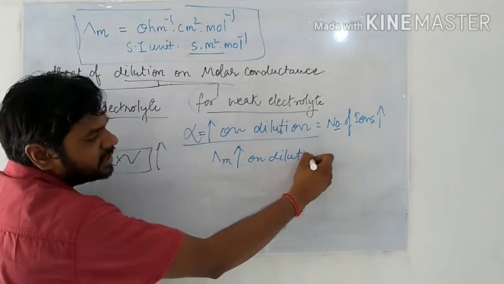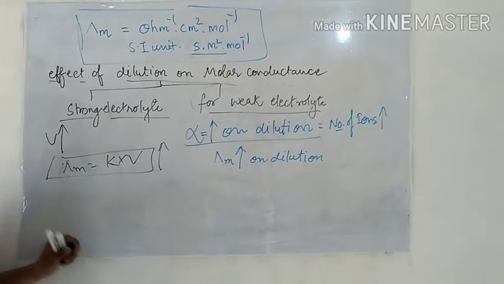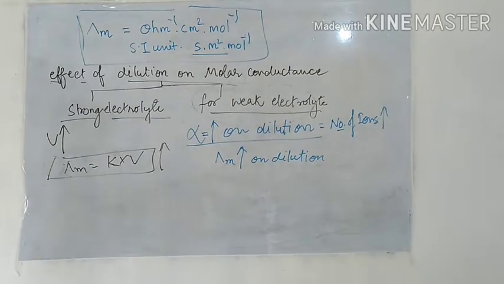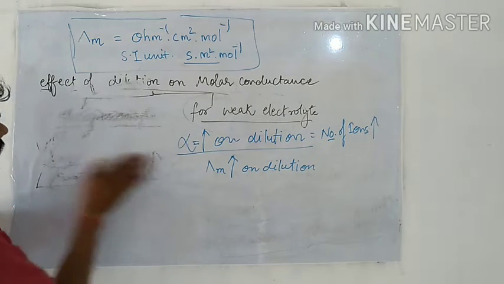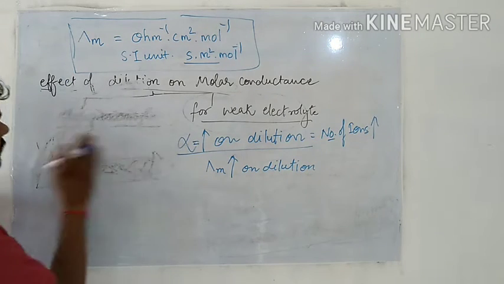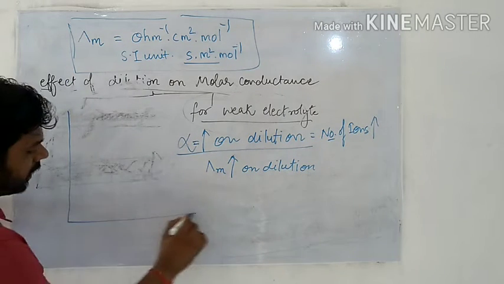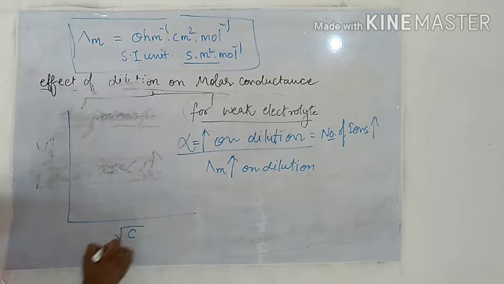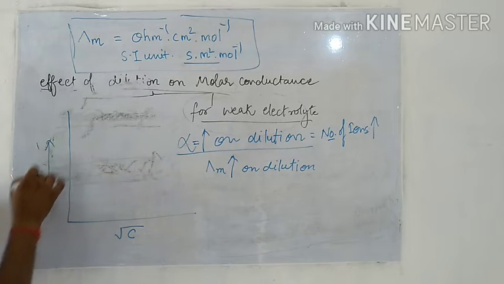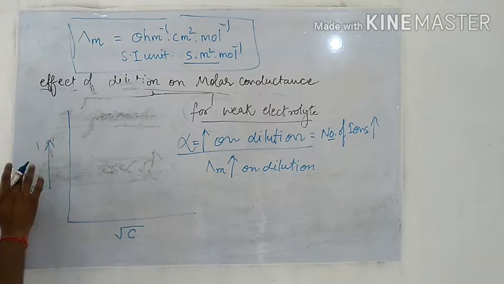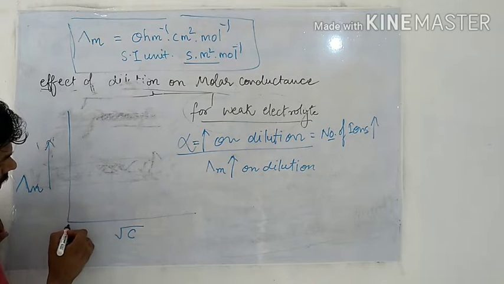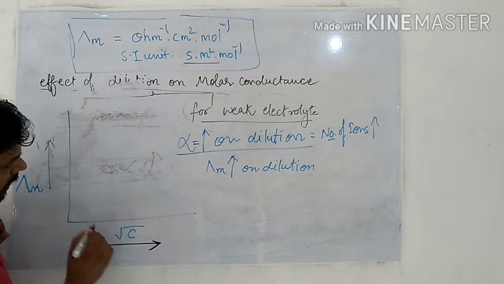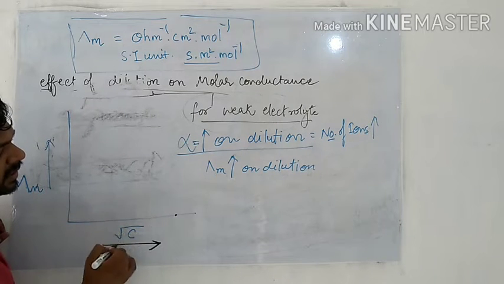There is a sudden change in lambda m. If we see the graph of this, it can be drawn like this. A simple graph I am taking here: that is the square root of concentration, and that is the value of lambda m. However, it is observed that in the case of weak electrolytes, in this direction concentration is increasing.